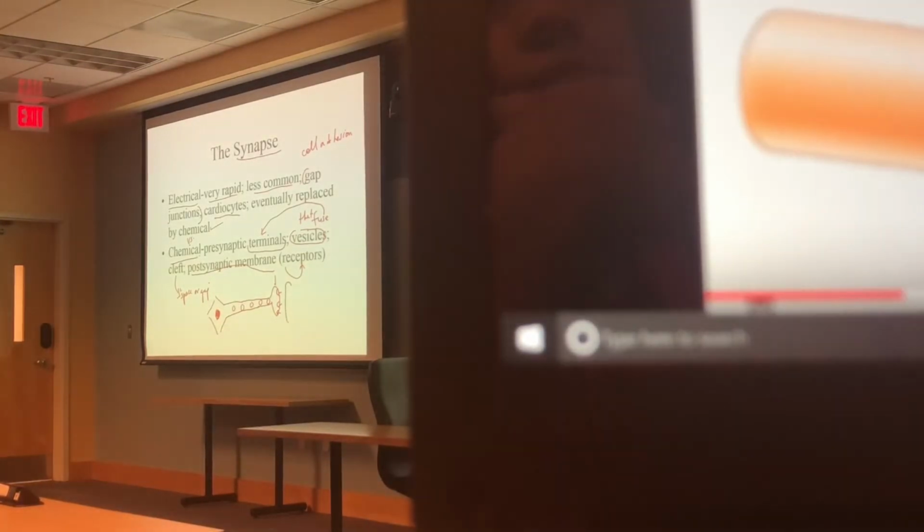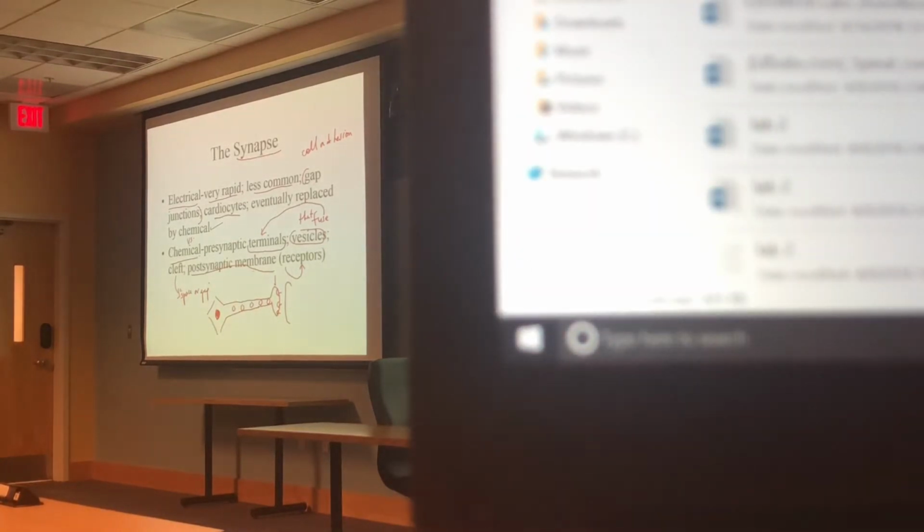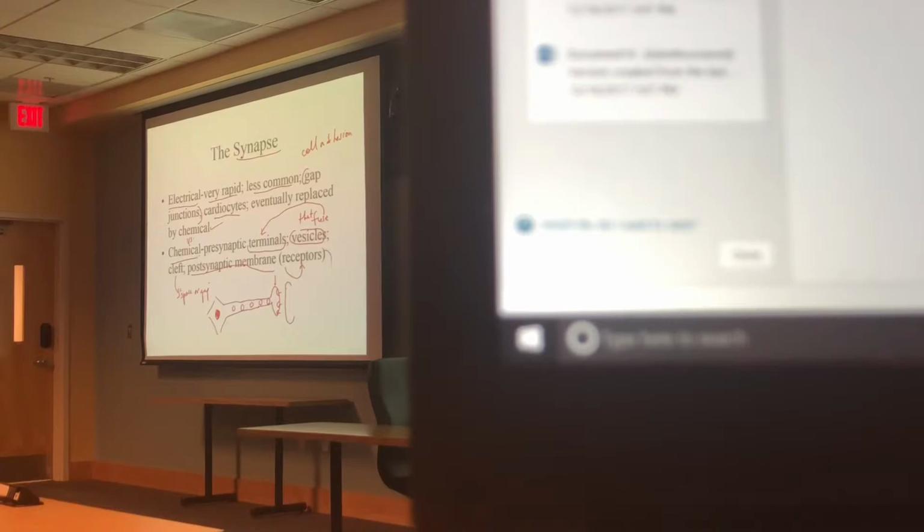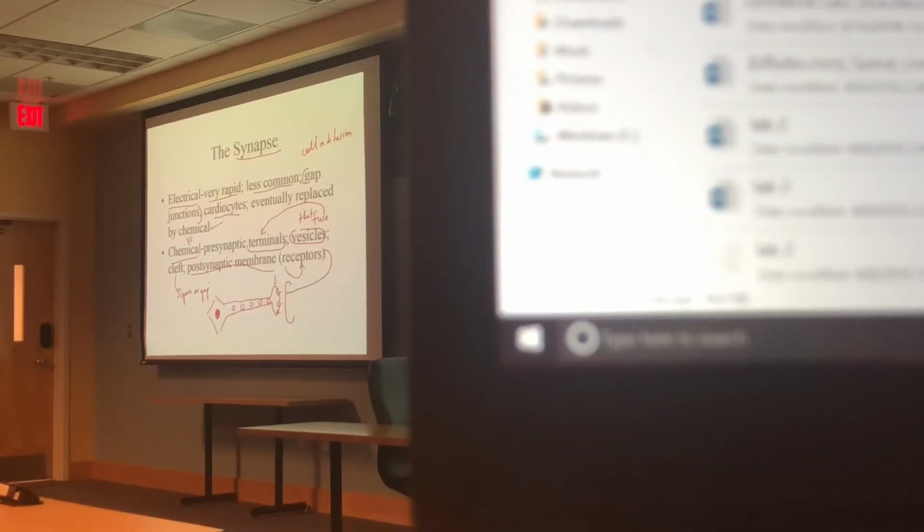It's going to receive the signal. Guys, this membrane could either be the plasma membrane of a muscle cell, or it could be another neuron, an axon, a dendrite, and so forth. And the postsynaptic membrane is going to have receptors. They're going to be here in the postsynaptic membrane.